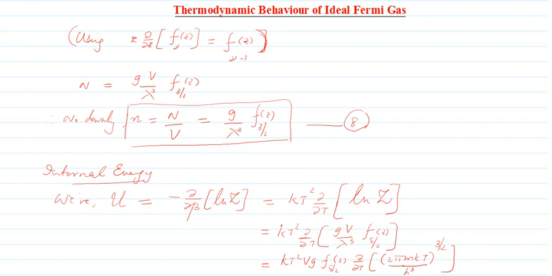And of course we have done the same steps in the ideal Bose system, so I don't spend much time on that. So U, on taking the derivative of that raised to 3/2, is equal to 3/2 kT gV/λ³, you get back λ³ finally, into f_{5/2}(z). Please refer back or try to work this out, it's not difficult.